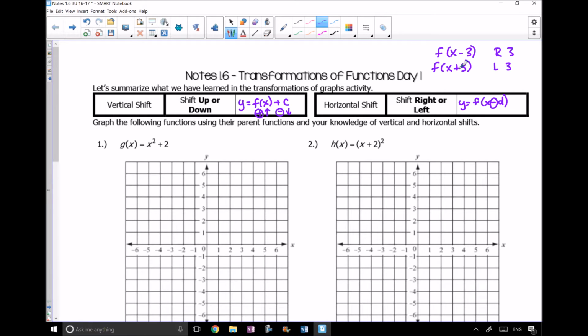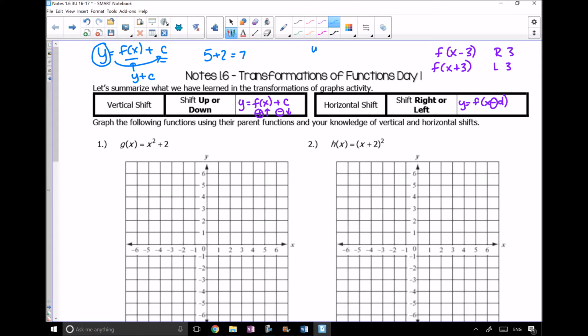Now let's make sure you understand why this is the case. If I have y equals f of x plus c right here, all this is saying is you just have to add c to the y. You're taking the original y and you're adding c to it. So if your original y was 5 and you add 2 to it, you're now at 7, which is 2 higher than 5.